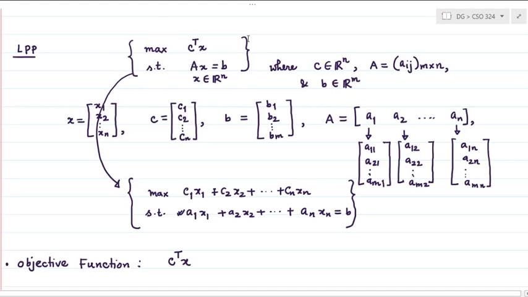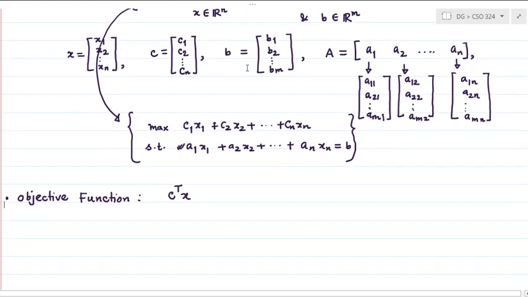This maximization problem is asking you to find the maximum value of c transpose x subject to x satisfying the condition Ax equals b, and this Ax equals b is known as the constraint of the problem, the constraint set or the feasible region.